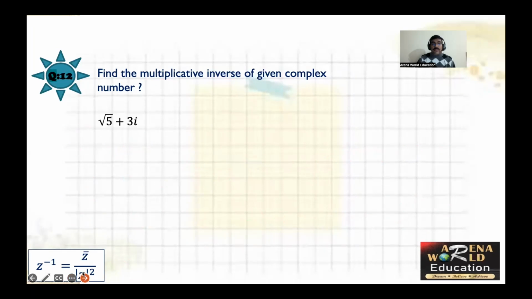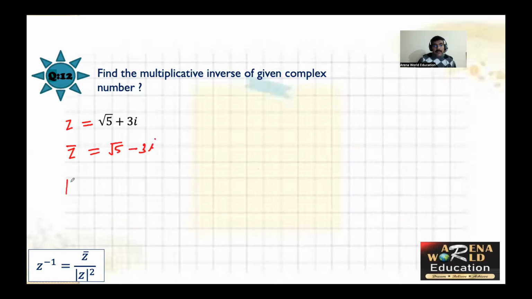Let us solve a similar question. Now I think you can try root 5 plus 3 iota. This is Z, right? First of all, we will find its conjugate: we just change the sign of the imaginary part. It is plus 3, so this will be minus 3, right?